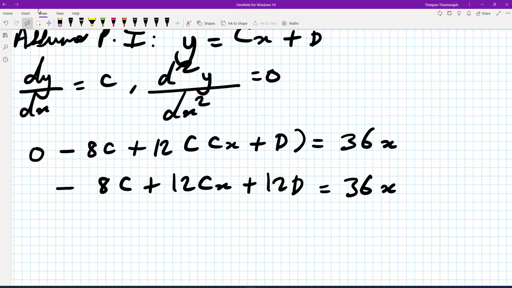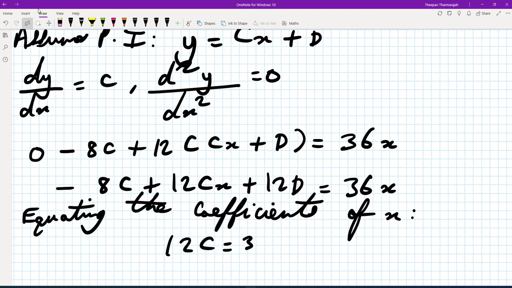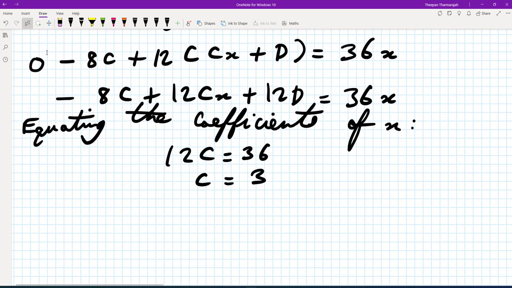So now equating the coefficients of x, that gives me 12c equals 36, c equals 3. Now we're going to equate the constant terms.